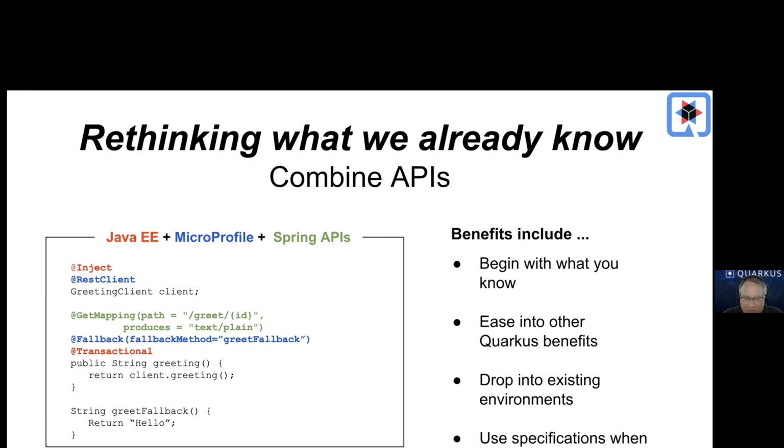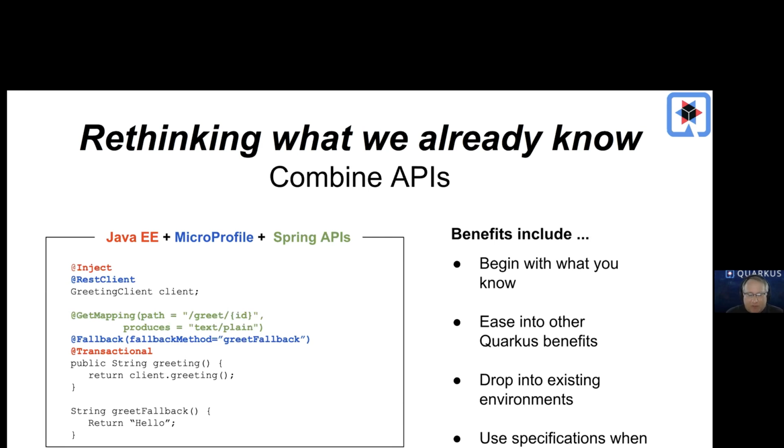Trying to do that with the Spring APIs would just take too long, so we took a different approach. What we're not necessarily trying to say is rehost your existing Spring apps on top of Quarkus. The idea is you can pick up Quarkus with the benefits that Quarkus provides, but leverage the APIs that you know.